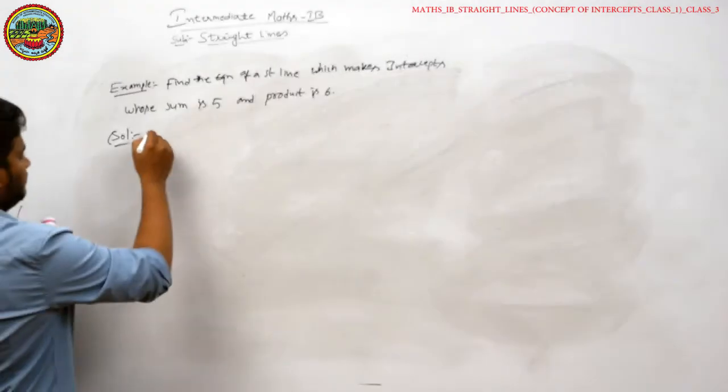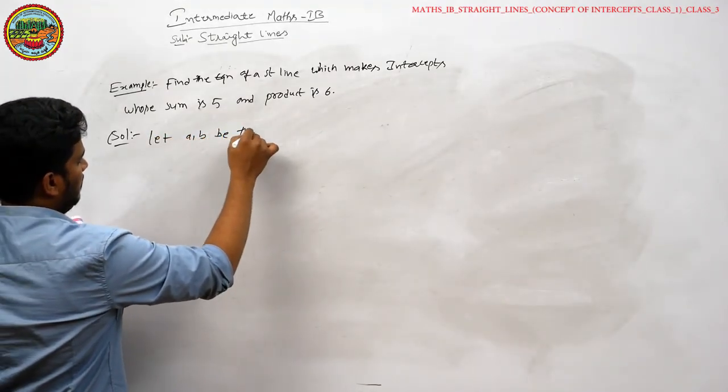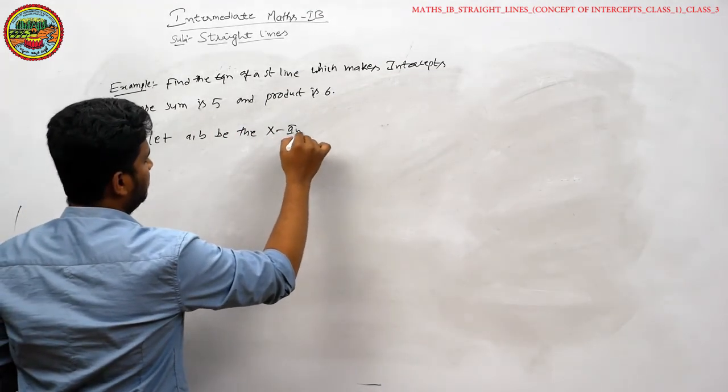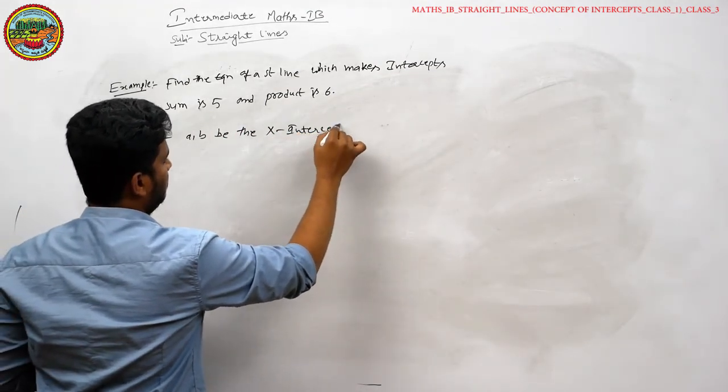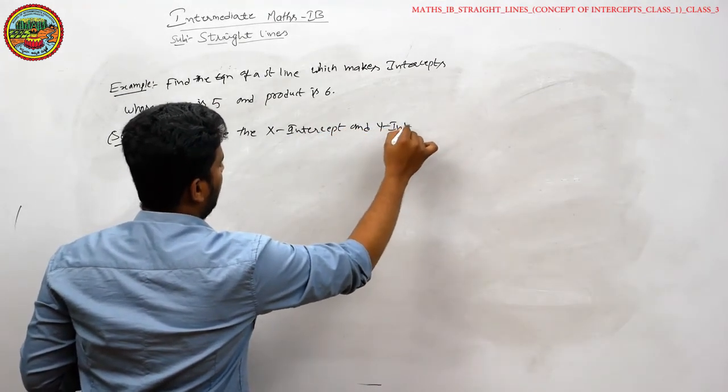Let a comma b be the x intercept and y intercept respectively.